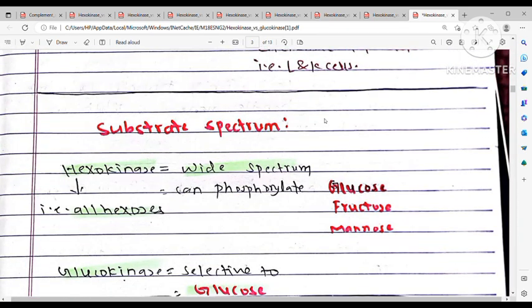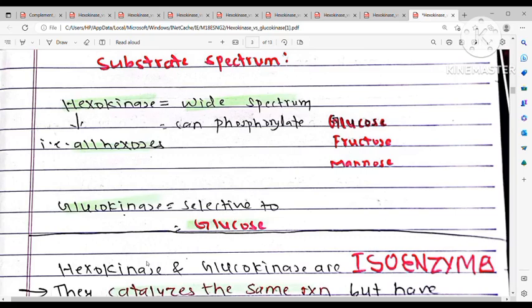Substrate spectrum. Hexokinase, that is kinase activity of hexoses. Hexoses include glucose, fructose and mannose. But glucokinase, as the name suggests, is glucose kinase activity, so it is selective to glucose. It can be remembered in a funny way that glucokinase is like mother and hexokinase is like baby.